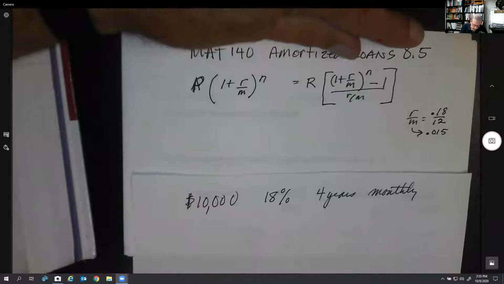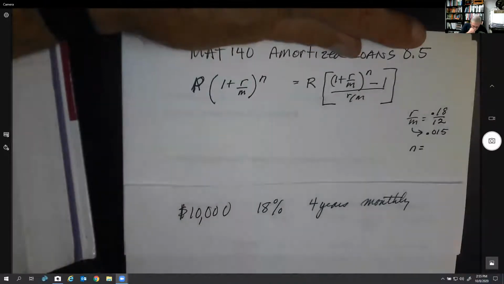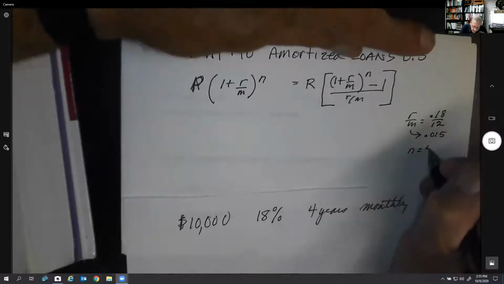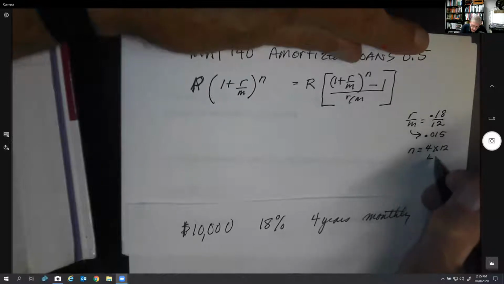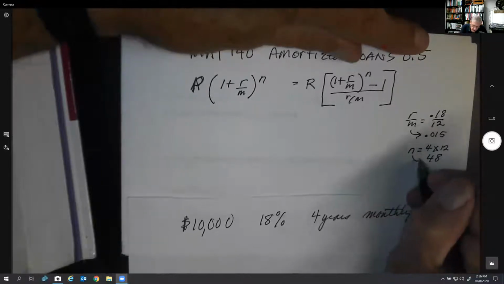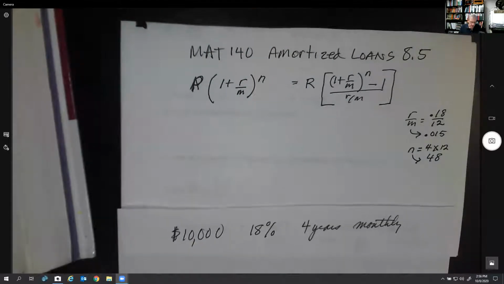Okay, the other thing we want to figure out is what N is. N is equal to the number of years, 4, times the monthly payments, times 12. So that's 48. So that's what we're going to use for N. So that's the first thing we're going to do. So now let's put in our information.